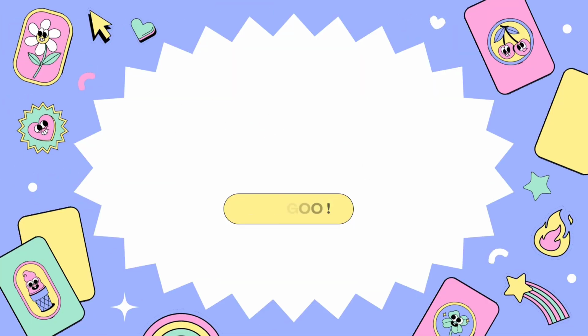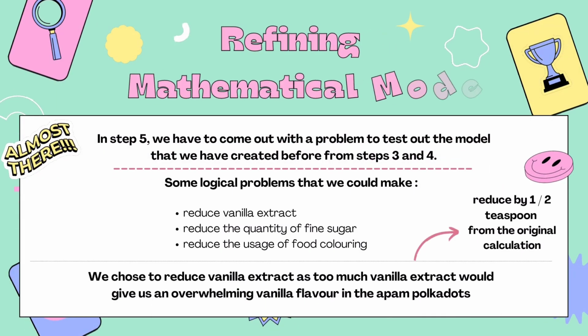Next, step 5, which is refining the mathematical model. By interpreting our understanding, step 5 is most likely to come up with a problem to test out our models that we have created before from step 3 and 4. In this situation, we may come up with an idea to reduce sugar, food coloring, or maybe vanilla extract in case of maintaining health.